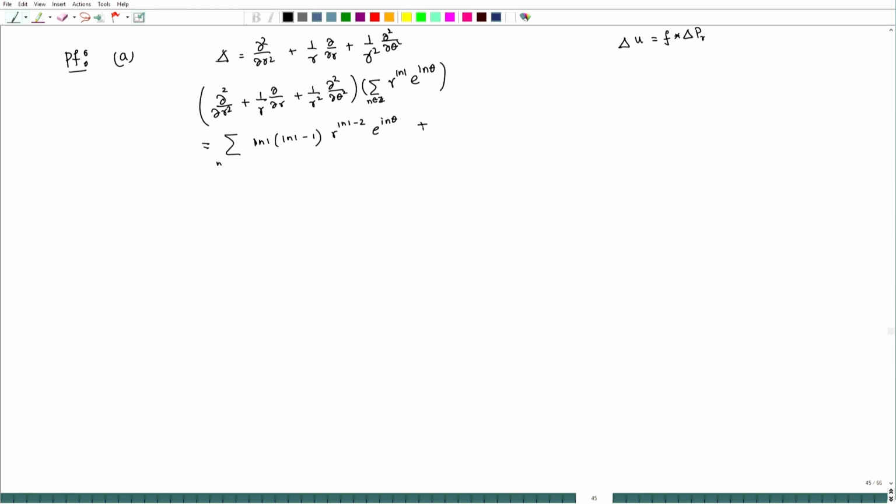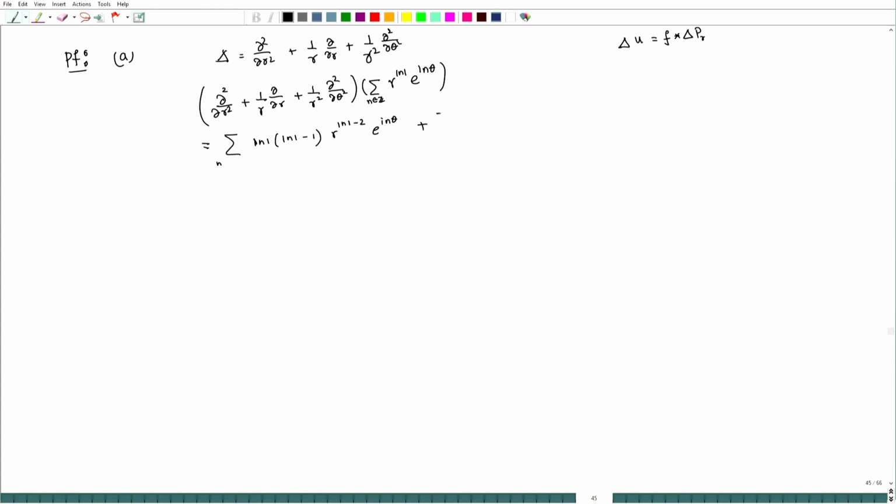Now, the second term: as you can see, for n equal to 0 this is 0, for n equal to plus or minus 1 this is 0 too. So essentially this is for |n| greater or equal to 2.